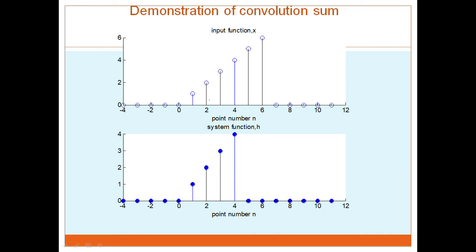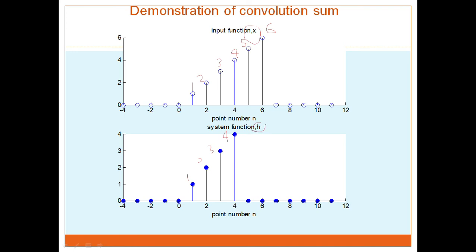This one has 6 values, this one has 4 values. 1 2 3 4. Now we want to convolve this one and this one.